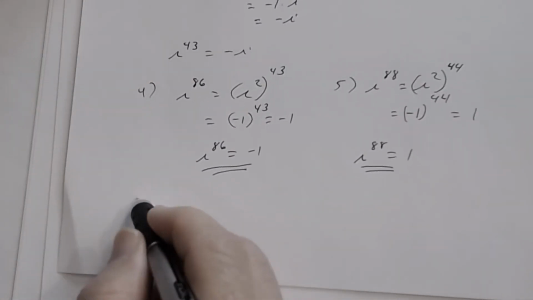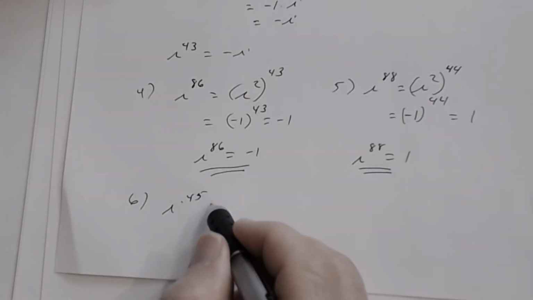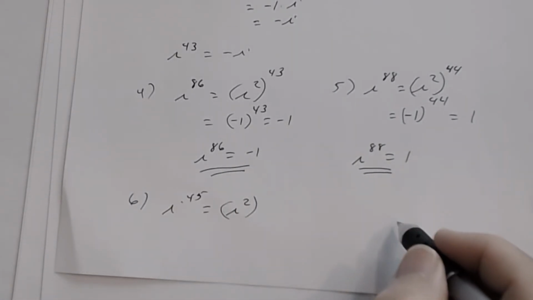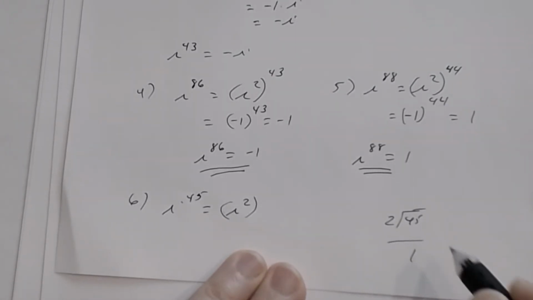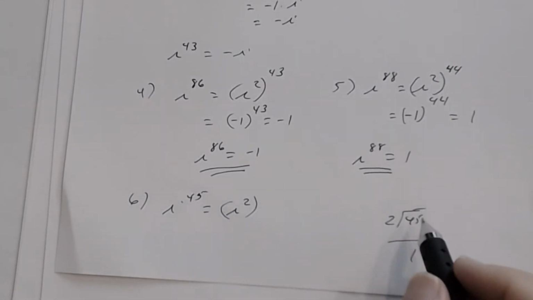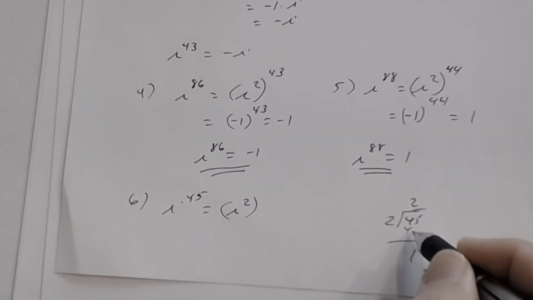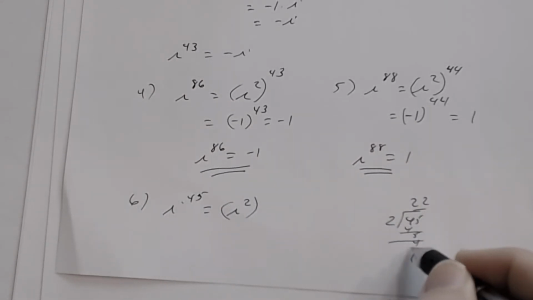Let's look at number 6. Let's suppose at number 6 I had i to the 45th power. We know i to the 45th is i squared, and so 2 into 45, you're going to get a remainder of 1 because you're dividing by 2. 2 into 45: 2 into 4 is 2, 2 times 2 is 4, then we get 5, and 2 into 5 is 2, 2 times 2 is 4, you get a remainder of 1.